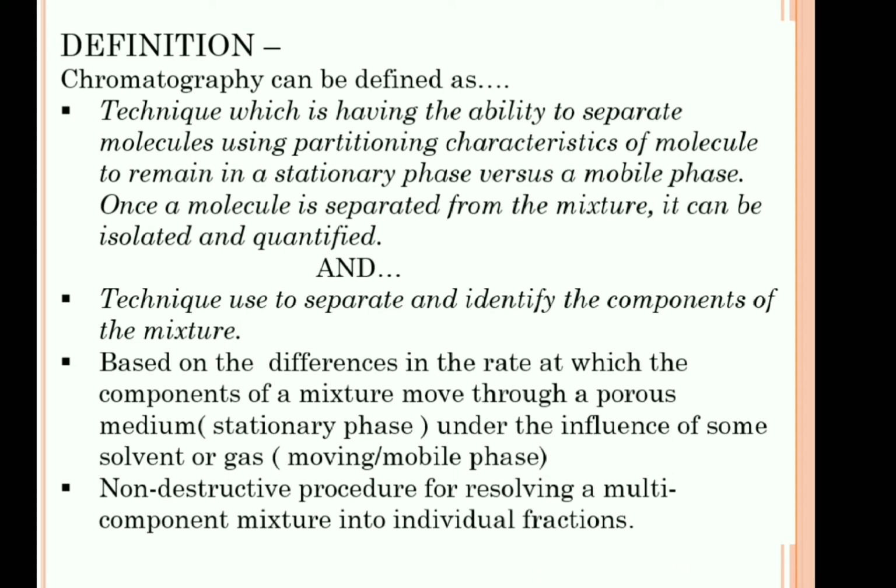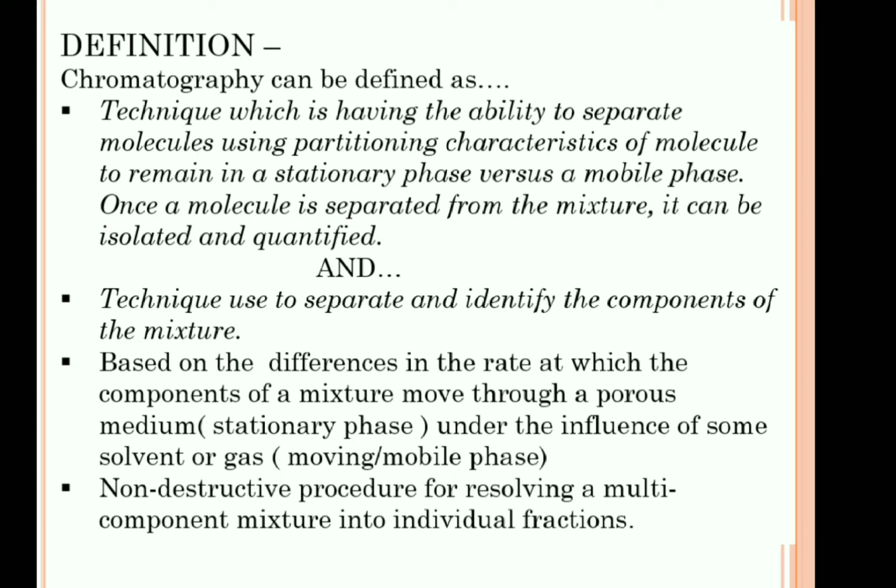The principle depends on the interaction variation, that is, the ability of each component of the sample towards the stationary phase and the mobile phase. If a component has more interaction towards the stationary phase, it will stick to the stationary phase.